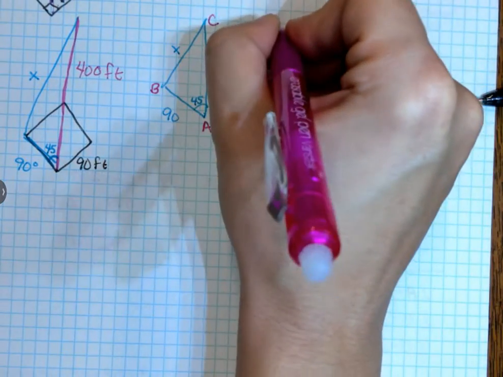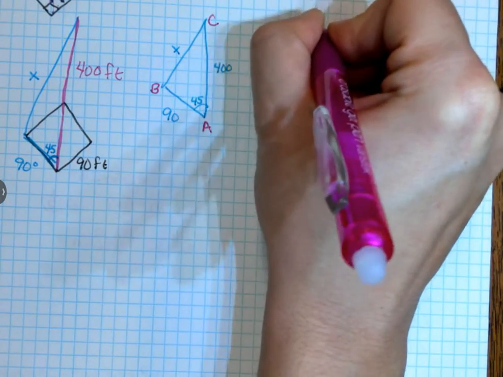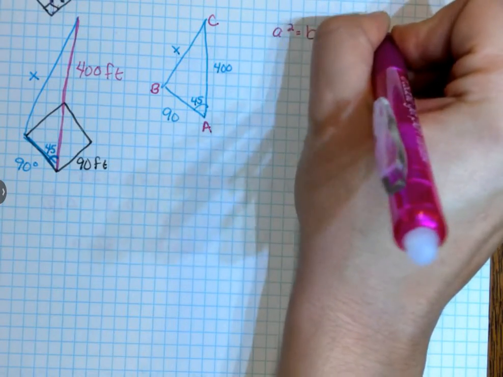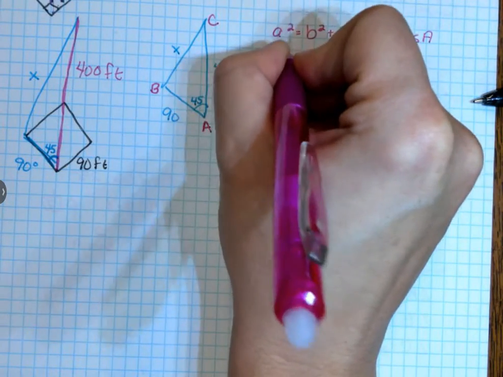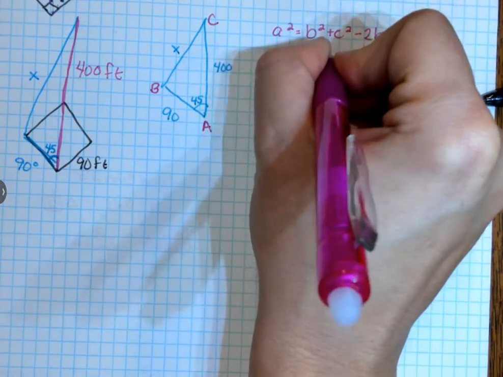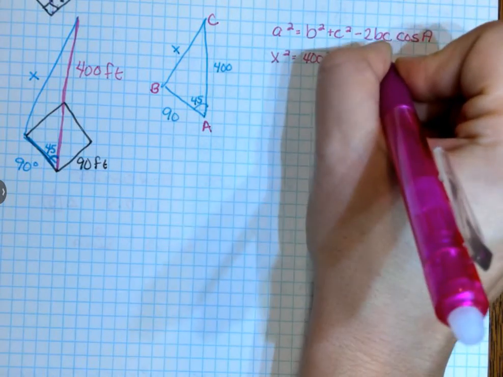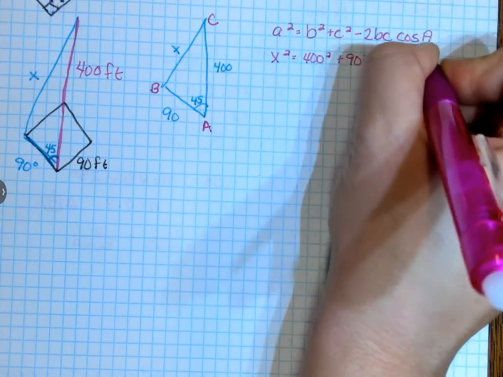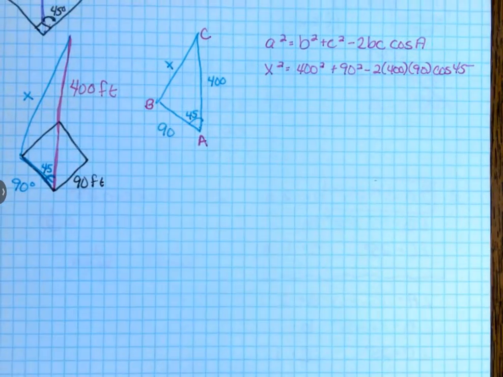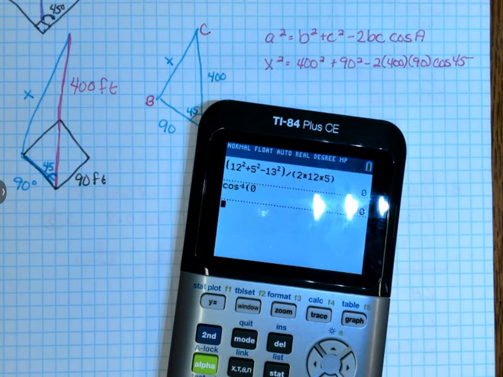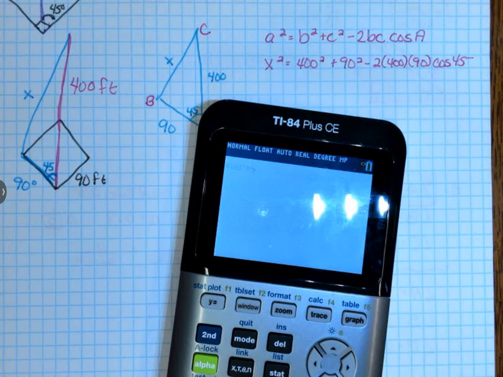And law of cosines says A squared is B squared plus C squared minus 2BC cosine of A. So that means X squared is 400 squared plus 90 squared minus 2 times 400 times 90 cosine of 45.